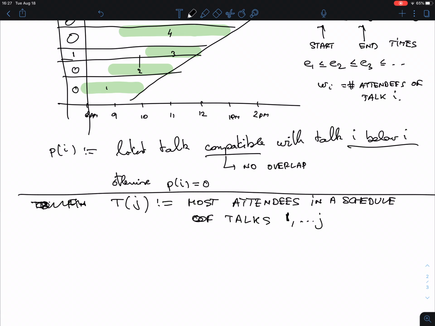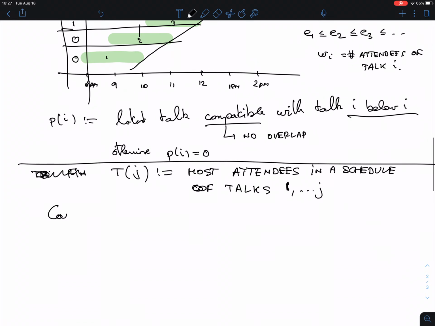Okay, so what we do is the following. There are two cases. Case 1, j belongs to an optimal schedule. So what is an optimal schedule?